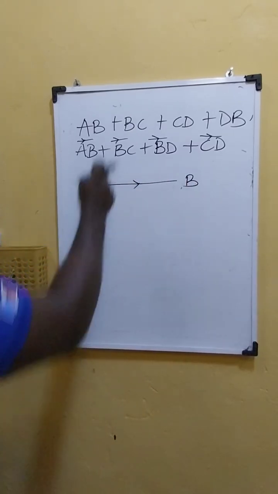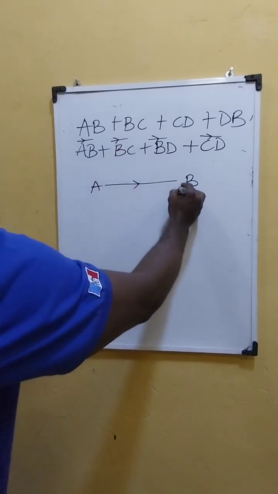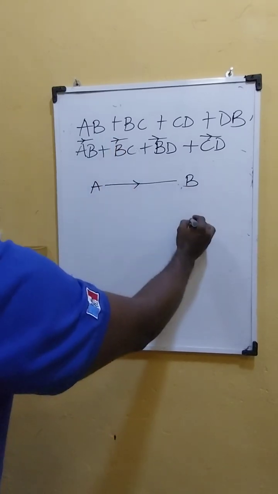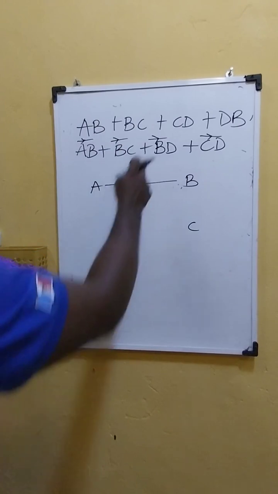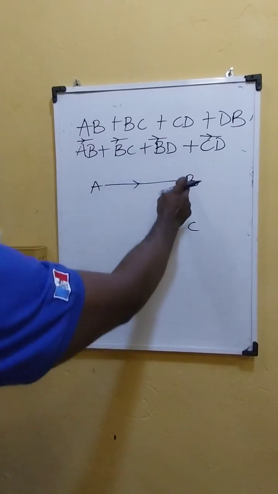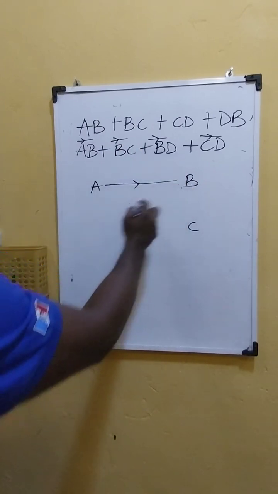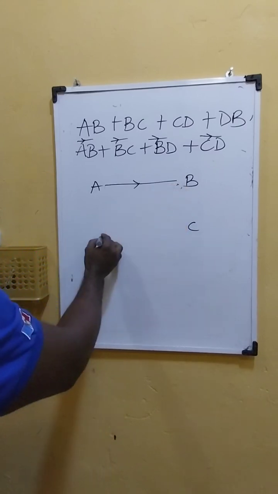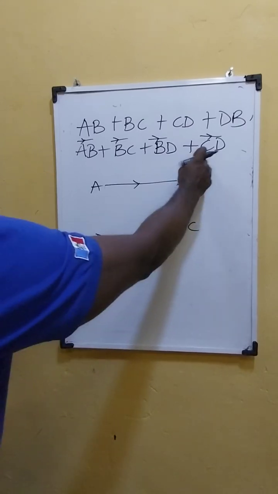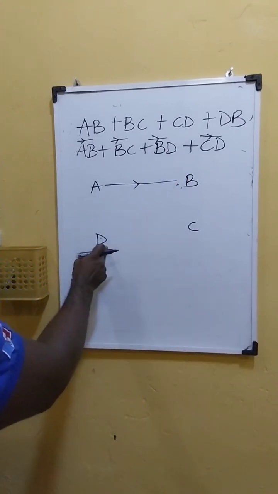What next do we have? BC. So let's put it C. Then we have BD. BD is somewhere this way. So D is here. So we have CD. So let's show the directions of the movement now.